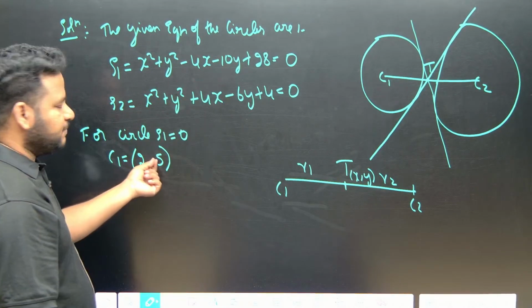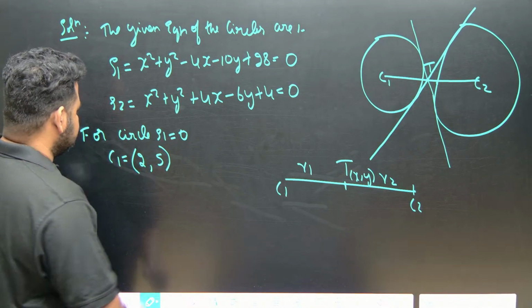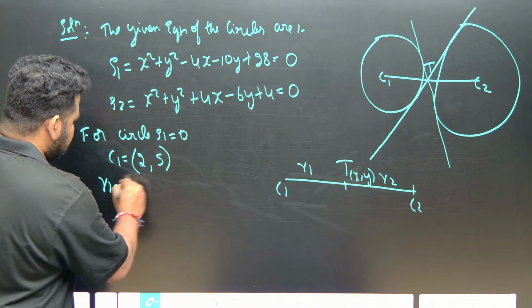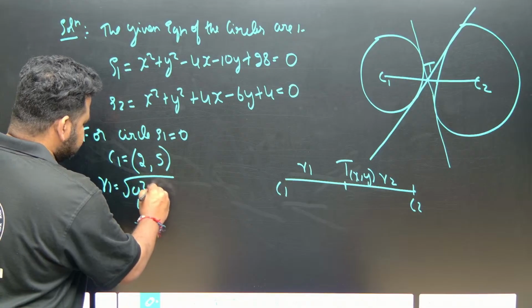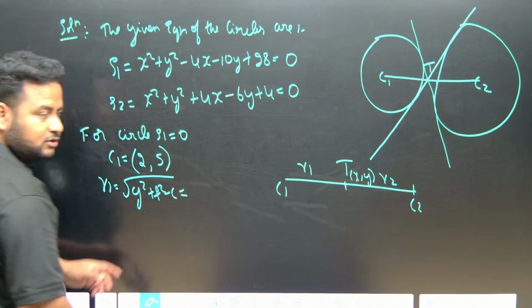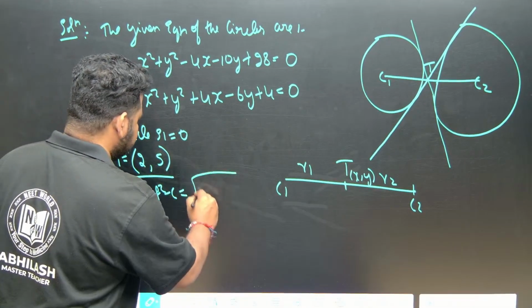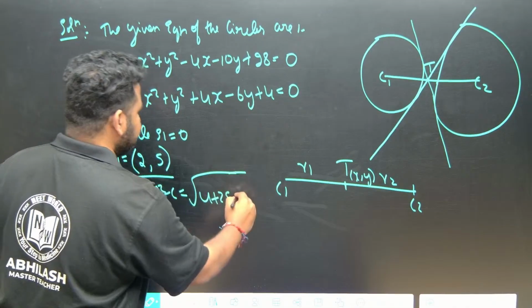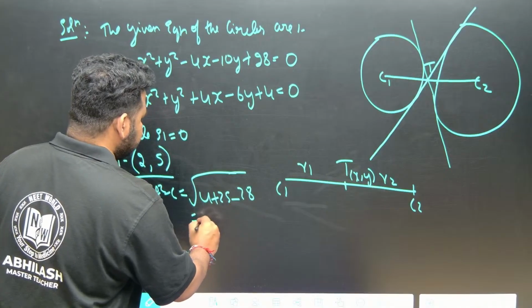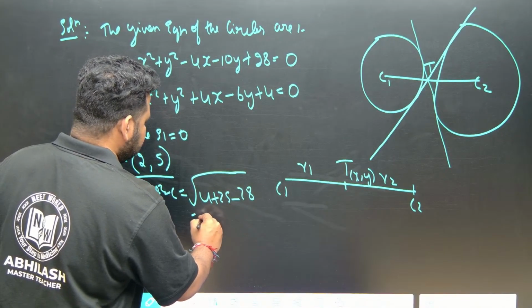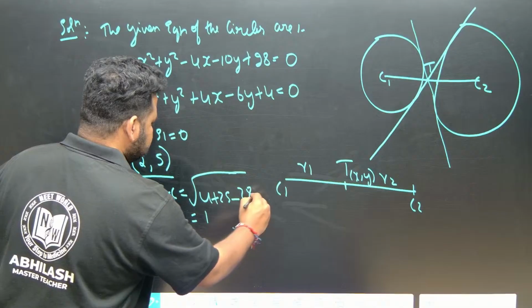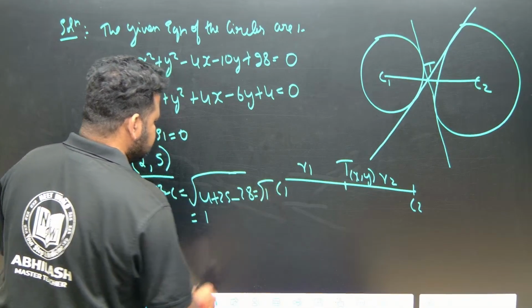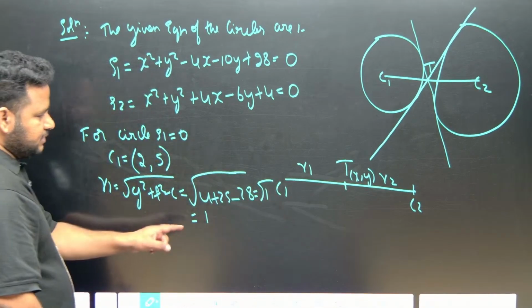So minus g comma minus f is 2 comma 5. Radius R1 is equal to root of g square plus f square minus c, that is 4 plus 25 minus 28, so 29 minus 28, that is root 1, which is nothing but equal to 1.